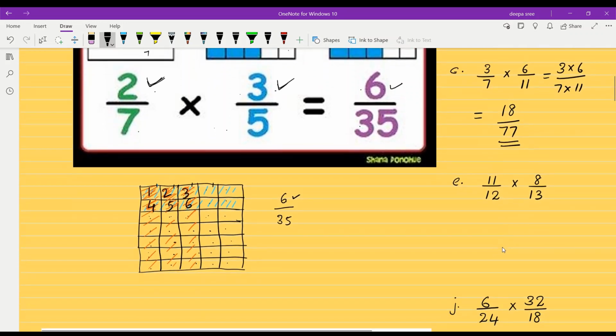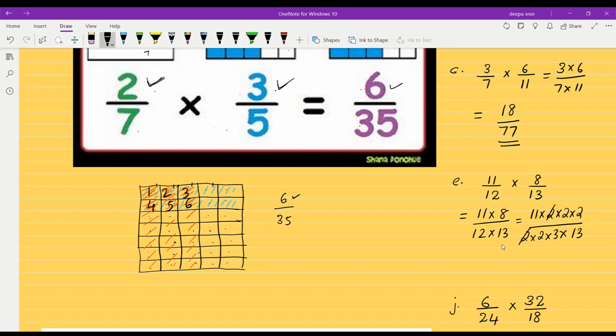So next question. Here also we can multiply the numerator 11 into 8 divided by 12 into 13. So 11 is a prime number, write as it is. 8 we can write it as 2 into 2 into 2 divided by 12 we can write it as 2 into 2 into 3, 13 is a prime, let it be there.